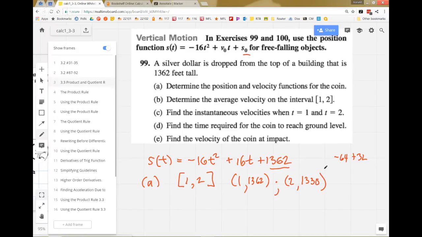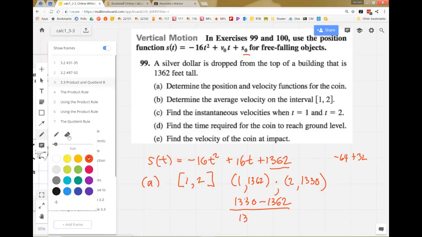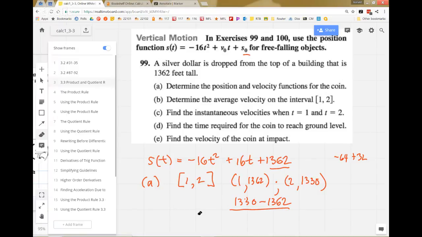Now, how do you find the average velocity? Basically, it's the average rate of change. So you take your 2 points and you do a slope: y2 minus y1 over x2, where x2 is 2, minus x1.